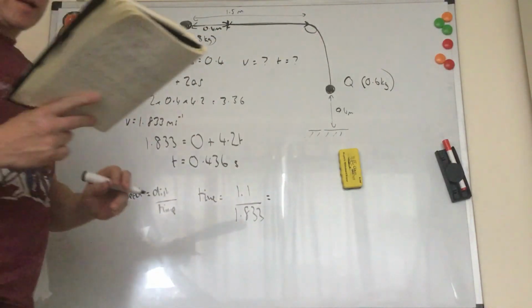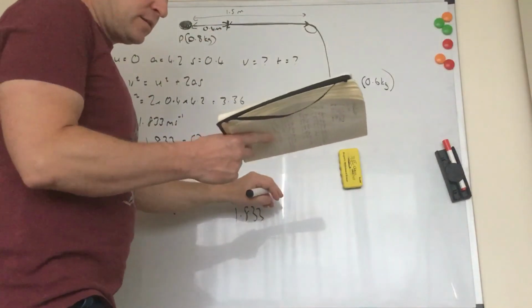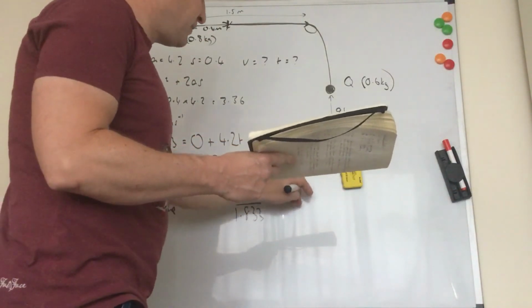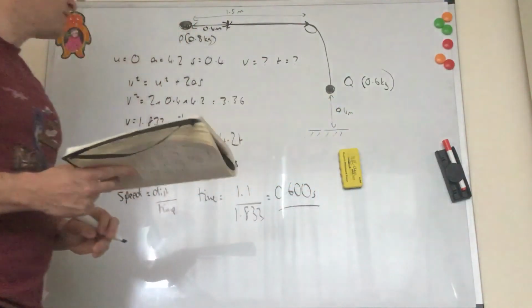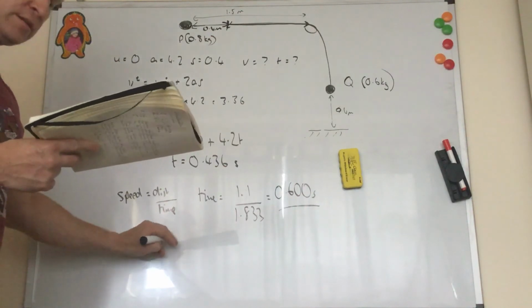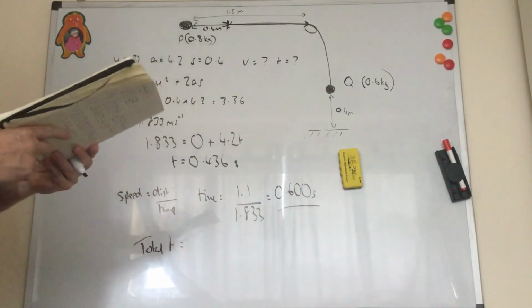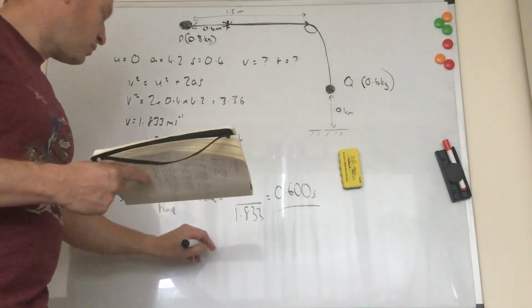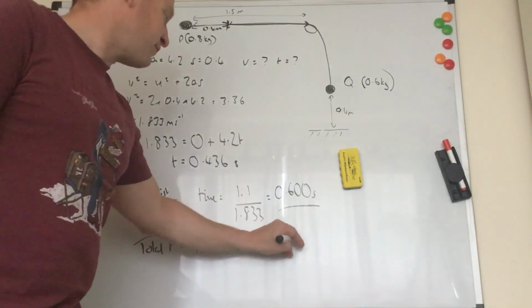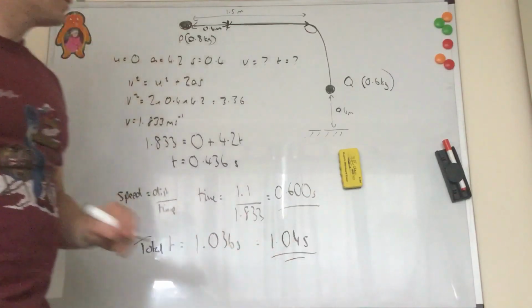That comes out at 0.600 seconds. When we add those together, total t equals 1.036 seconds, so to 3 significant figures, 1.04 seconds.